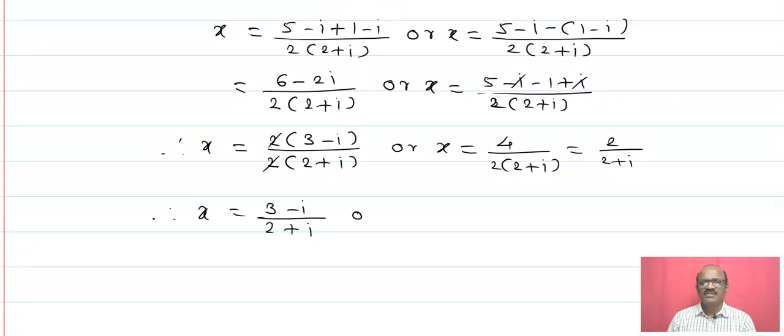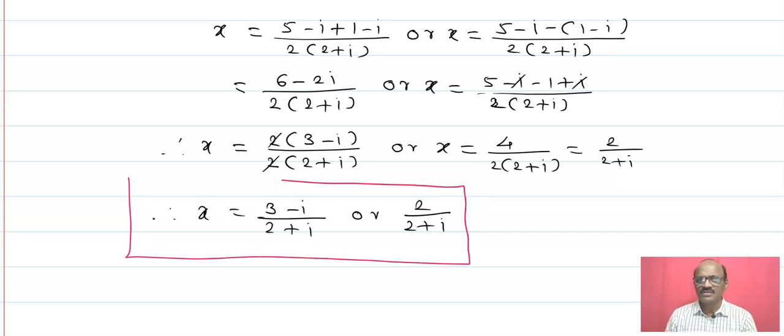Therefore, the roots are x is equal to (3 minus i) upon (2 plus i), or 2 upon (2 plus i). These are the roots.